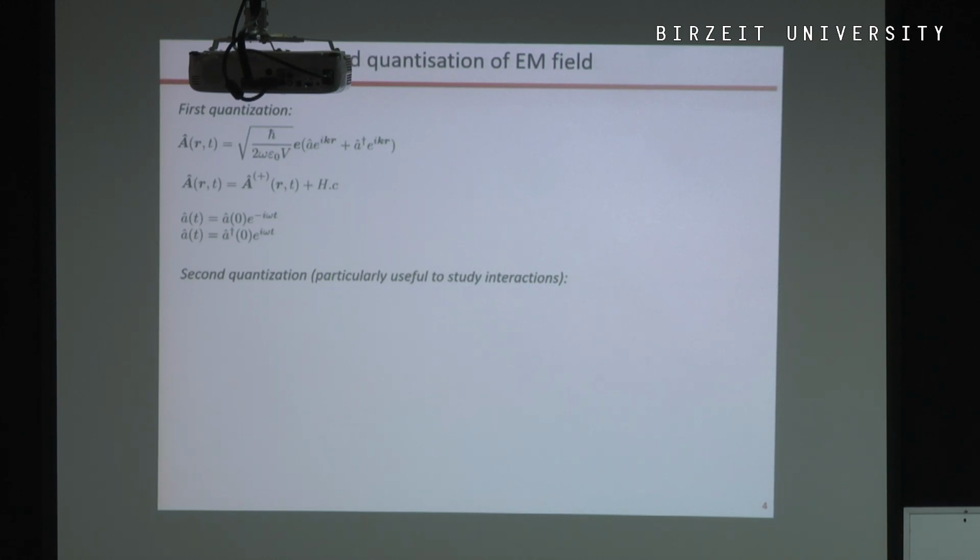Now, this is okay, but again, this form of quantized electric field is not very good when you want to see how photons, how light interacts with matter. For that, we need a second quantization. And second quantization is best described when you first think about harmonic oscillator.